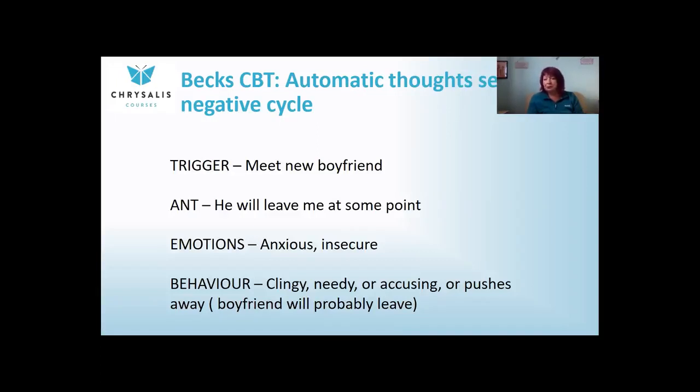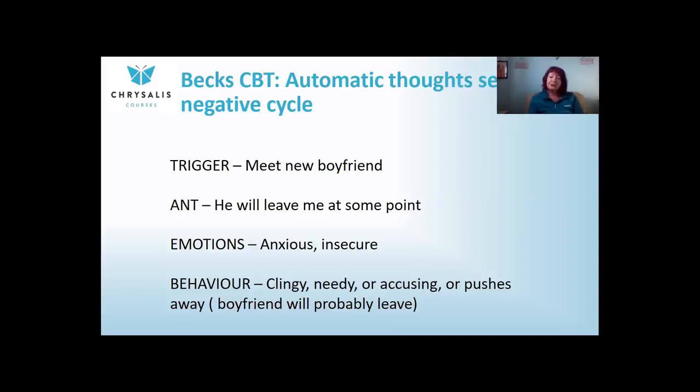So what are her emotions? Anxious and insecure. And so the consequences of that, her behaviour, is that she could become clingy and really needy, or she could be accusing, or she could just push him away, almost like, I'm going to get rid of you before you can have the chance to get rid of me.